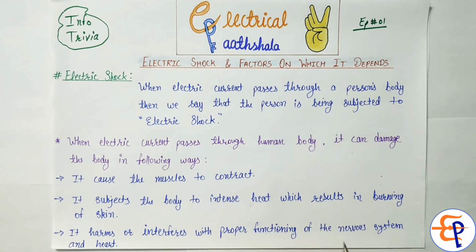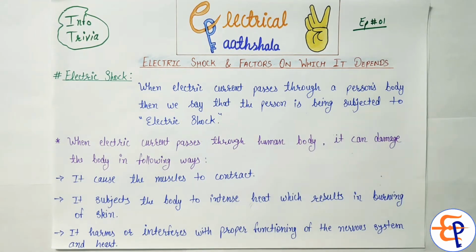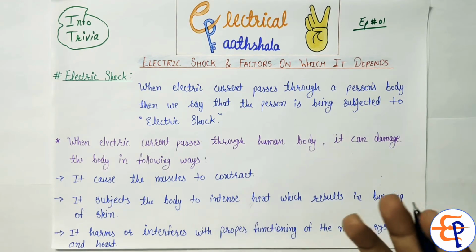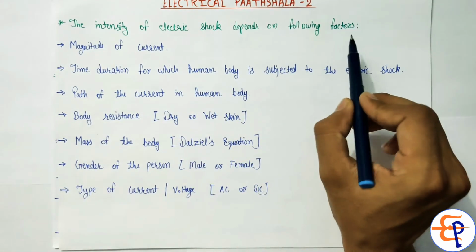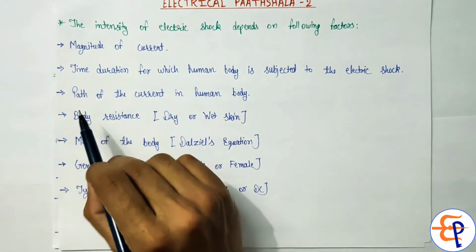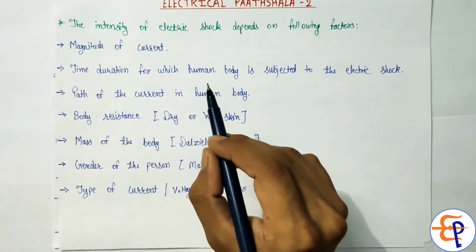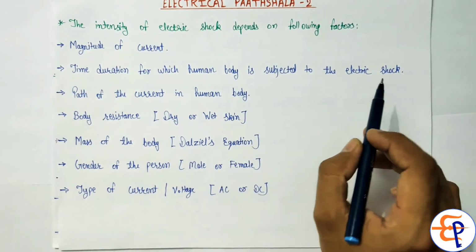Now guys, electric shock intensity may be low or medium or very severe. So the electric shock intensity depends on various factors, some of which are listed here. The intensity of electric shock depends on the following factors. First, the magnitude of the current which is passing through your body. Second, the time duration for which the human body is subjected to the electric shock.